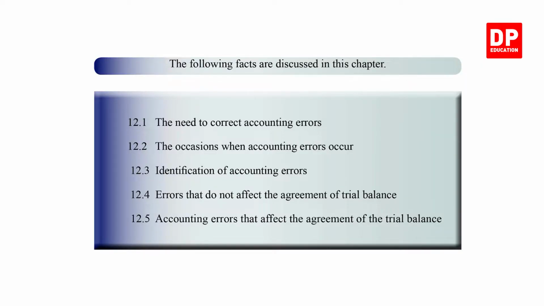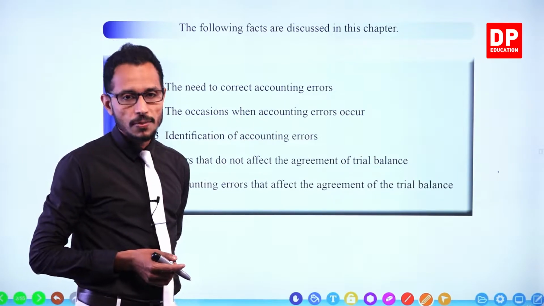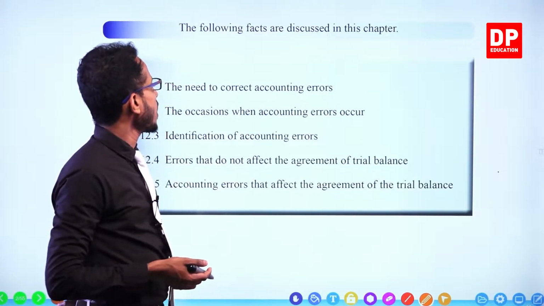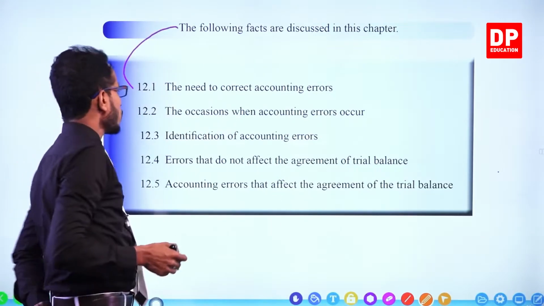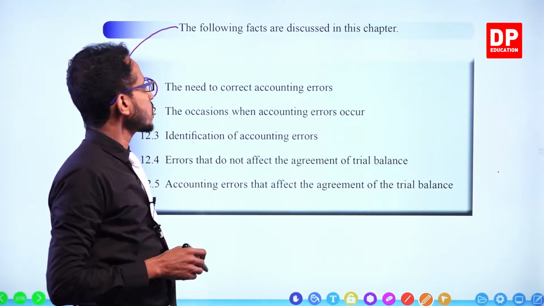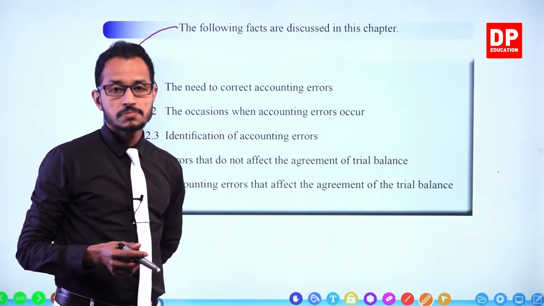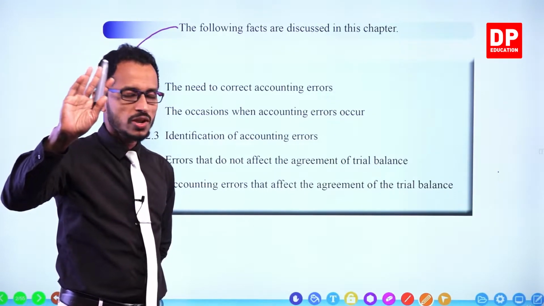To find out what things we have to cover in this chapter, let's take a simple breakdown of the subtopics. The following facts are discussed in this chapter. 12.1, the need to correct accounting errors. We need to correct accounting errors, no doubt about that.